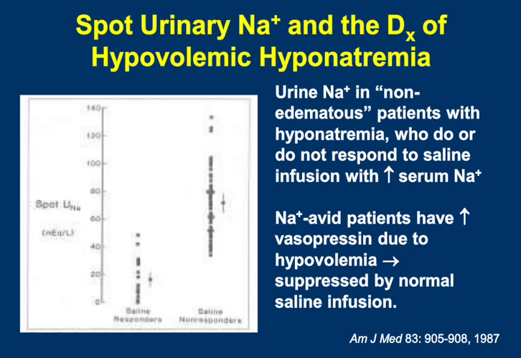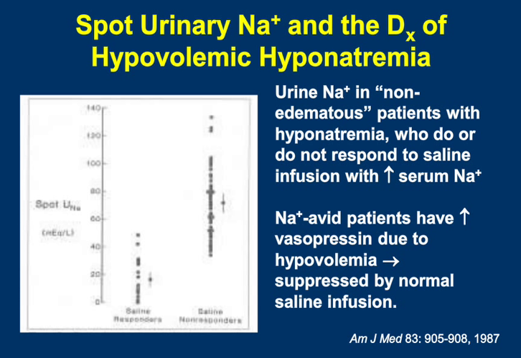And the patients that responded to saline were felt to have clinical hypovolemic hyponatremia, whereas those that did not respond were felt to be subclinically euvolemic and were felt to have SIADH. And lo and behold, the median urine sodium was around 18 for the patients who responded, whereas the other patients had a much higher urine sodium. So this and a few other papers are really where this urine sodium of less than 20 comes out.